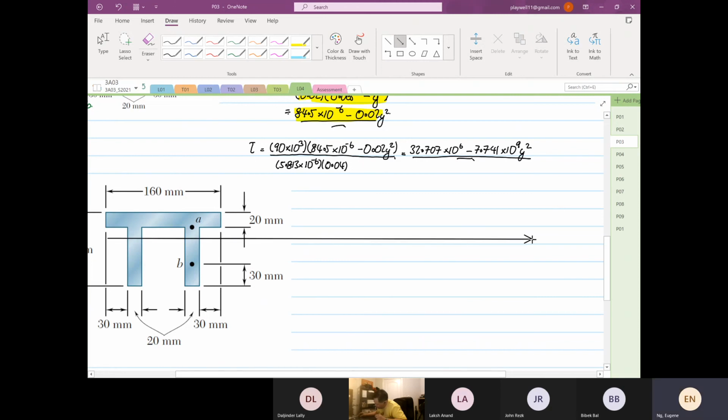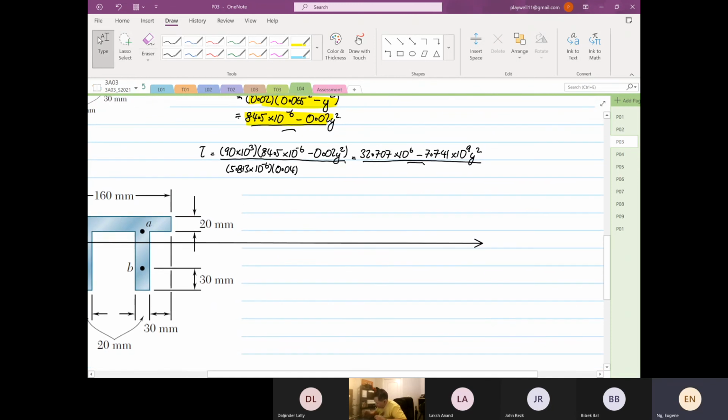Okay. So this is our centroid position. This is our shear stress, then we have our axis over here. This is our y.